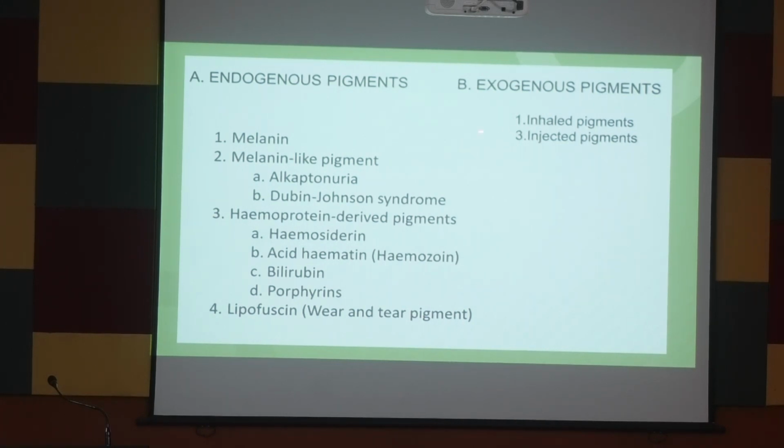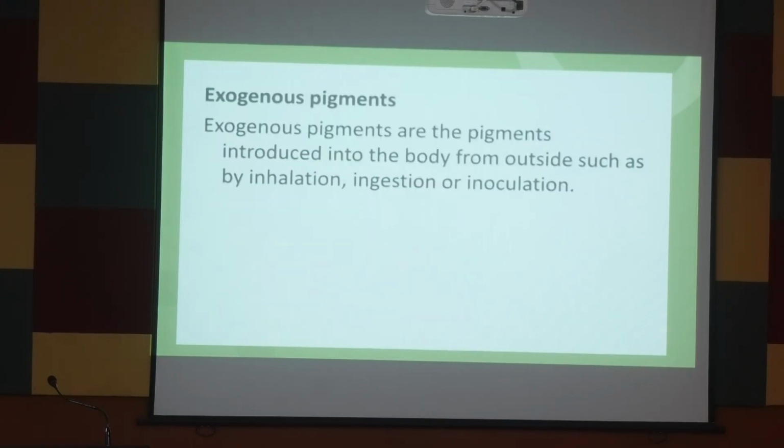And the exogenous pigments are inhaled pigment and injected pigment, okay. But the most important is melanin. And exogenous pigments enter by inhalation, by inoculation by injection, or by ingestion.